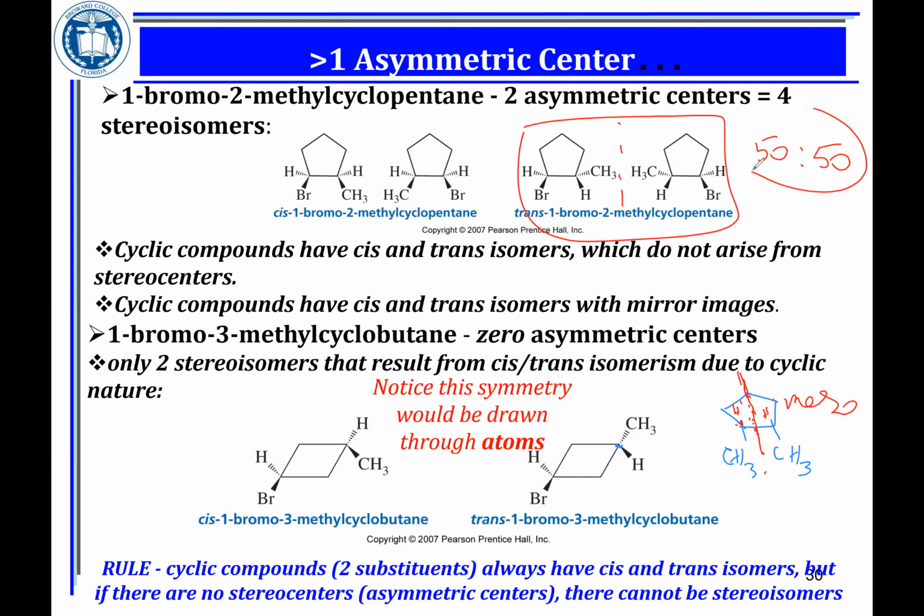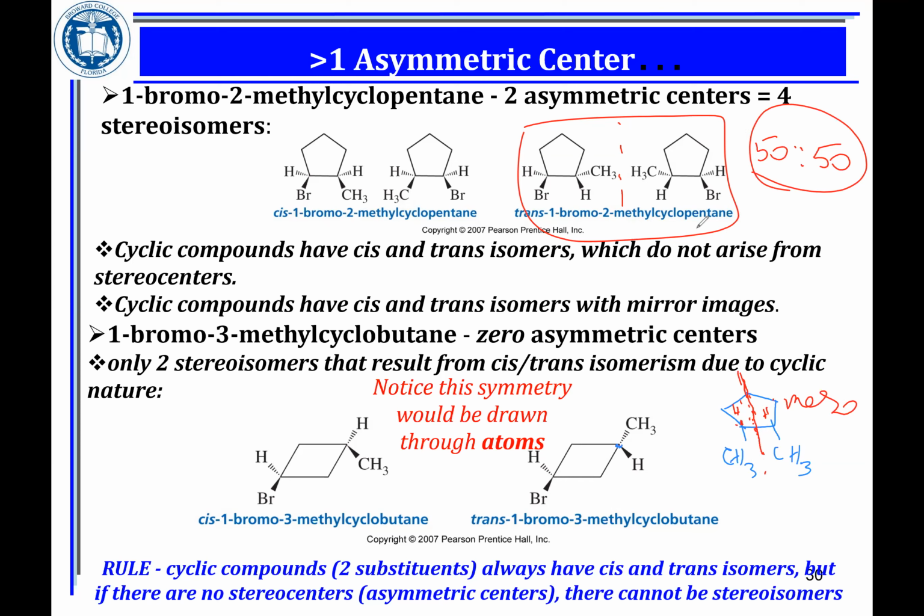If it's an exactly 50-50 mixture, the net rotation is going to be 0, right? If one rotates by 10 degrees to the right, the other would rotate 10 degrees to the left, so the net result would be 0.